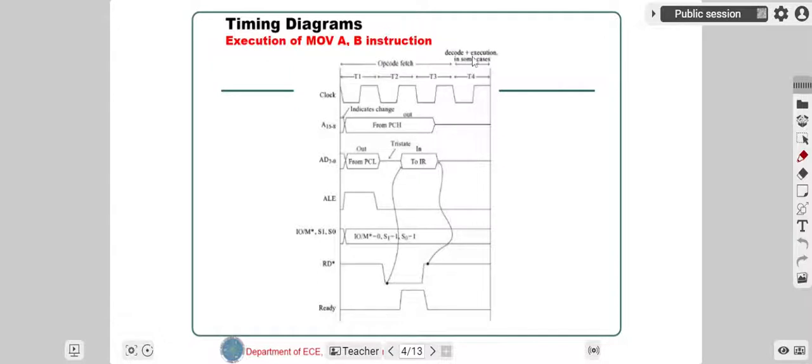that this decode plus execution has been written here in some cases. In some cases means there are some instructions, also, where we do not only require, there are 1 byte instructions also in 8085 where we do not require only 4 clock cycles.